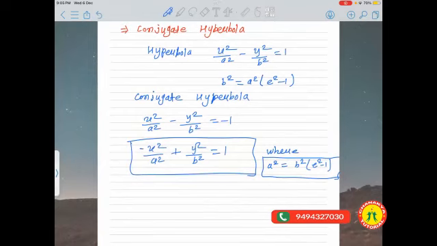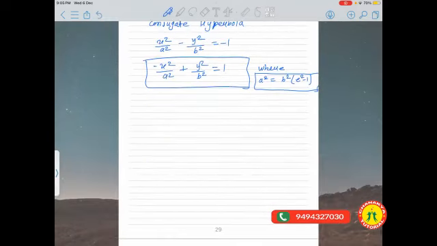Now, how will the hyperbola be? Vertical or horizontal.